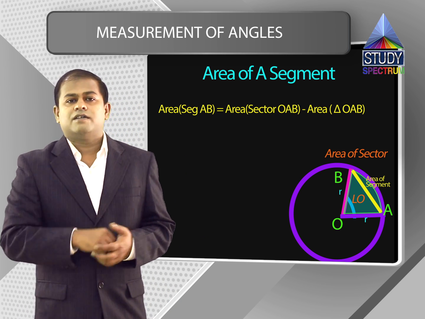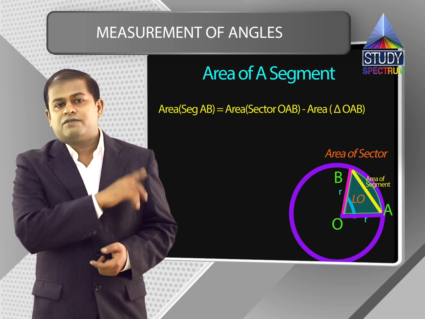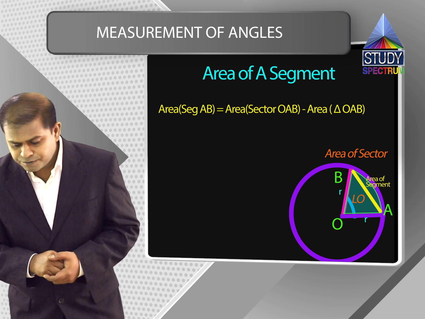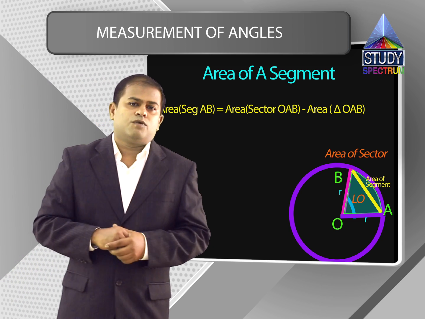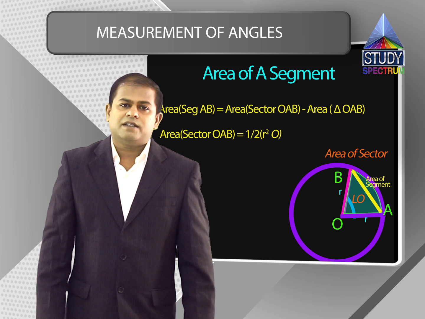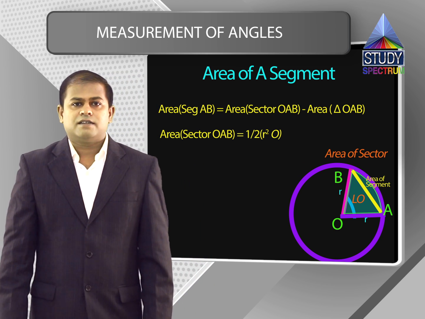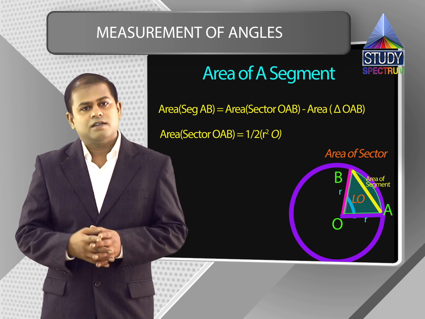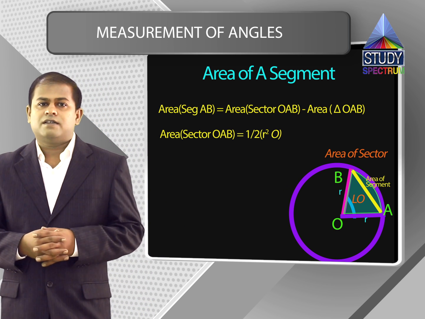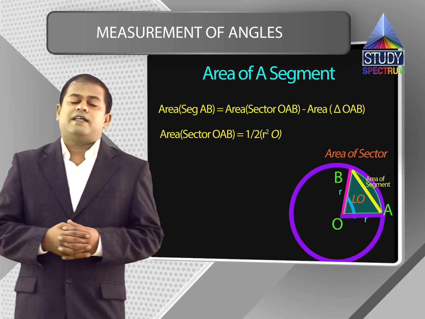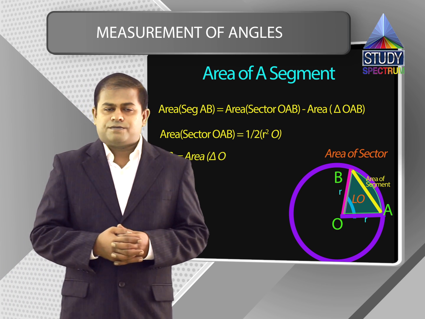Area of sector OAB we know very well is how much? Half r square theta, where theta is measured in radians. Now, let's measure what is the area of the triangle OAB.